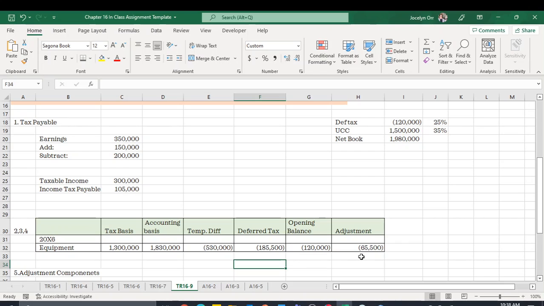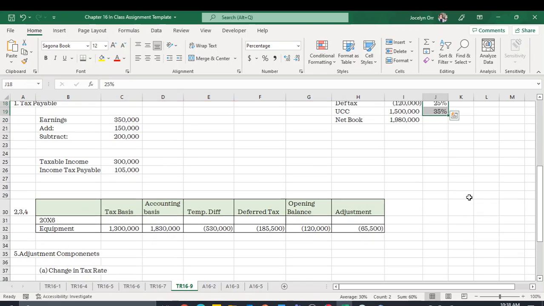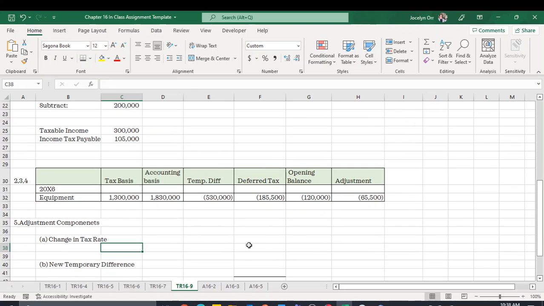So now we want to look at how much of this relates to the temporary difference between our depreciation expense and CCA, and how much of this relates to the change in tax rate.